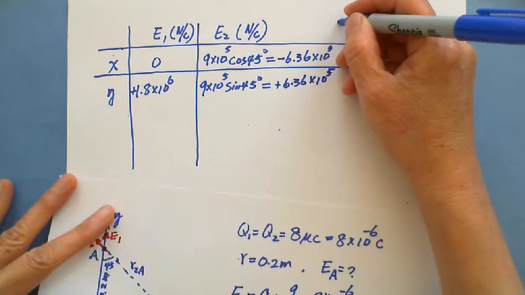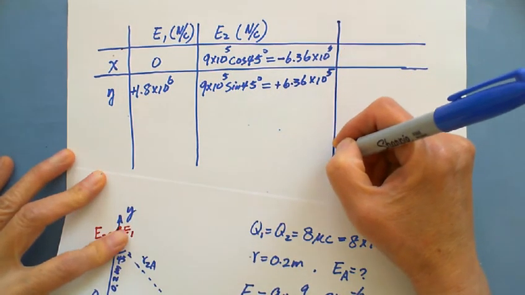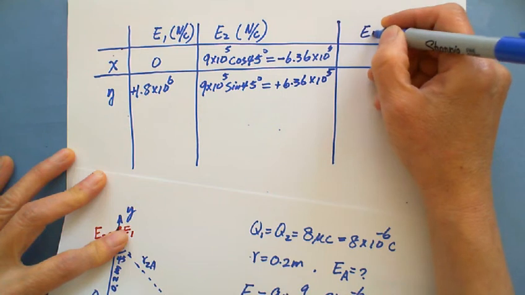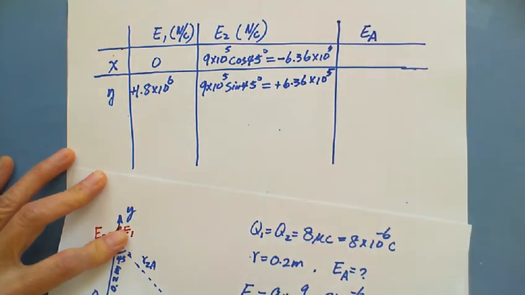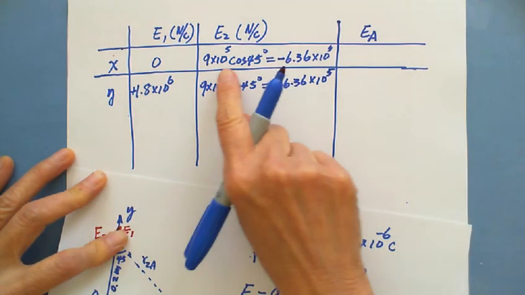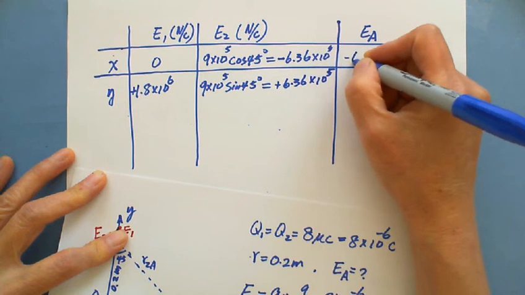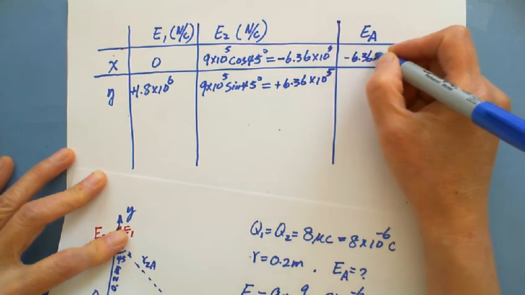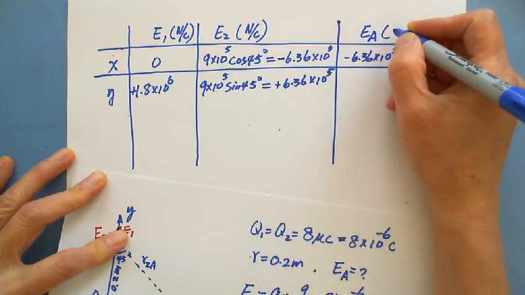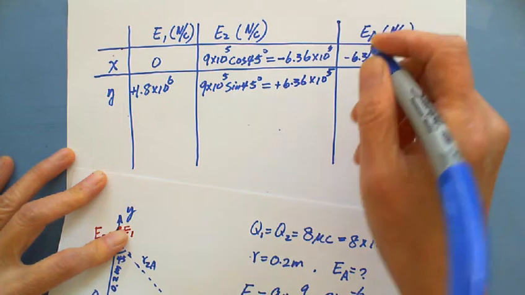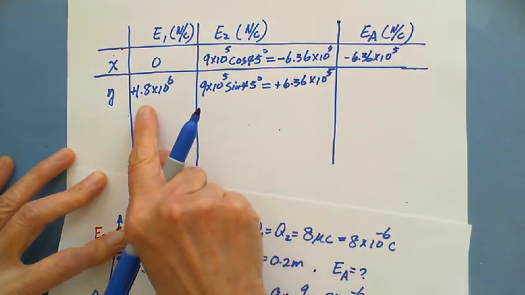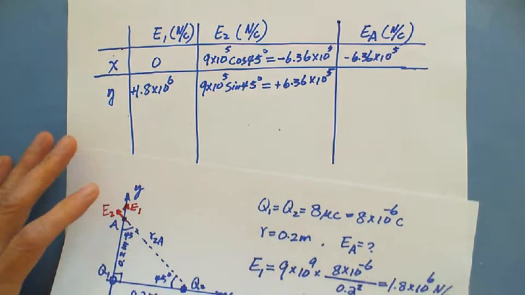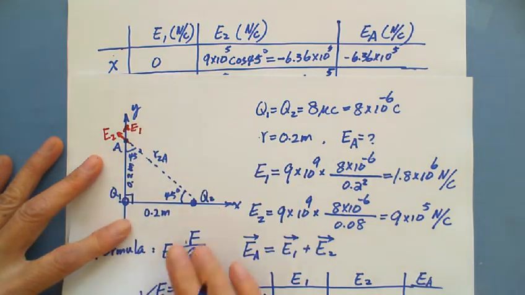Then we can find EA, the resultant. The x direction is still negative 6.36 times 10 to the 5 exponent, unit Newton per coulomb. In the y direction, both are positive, which goes up. That's why we add these two together.